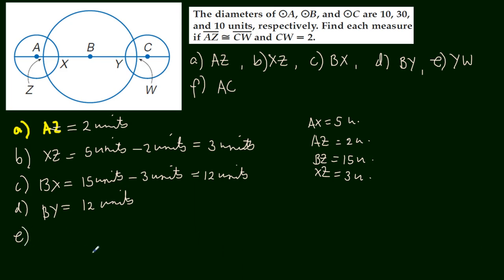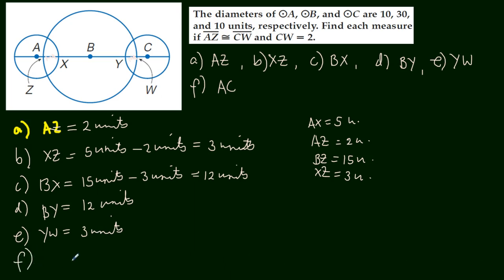E, what we have here, YW. This one is the same as X zeta. YW is the same as X zeta. That is 3 units.